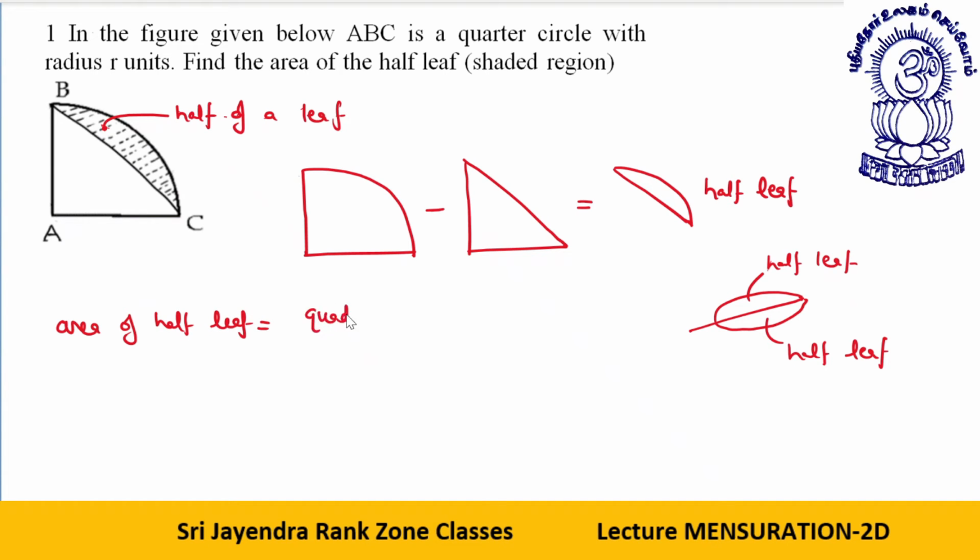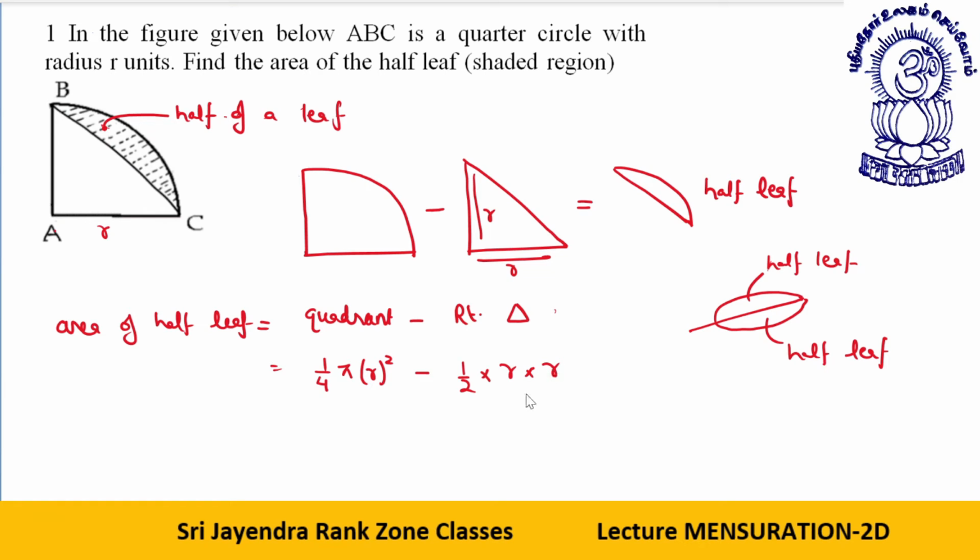Area of half leaf is what? Quadrant minus right triangle. This is a right isosceles triangle. Okay, so what is the area of quadrant? Area of quadrant is 1 by 4 pi r square, where the radius is r units. 1 by 4 pi r square minus, what is the area of right triangle? Half into base, this base is r, this height is also r, half into r into r.